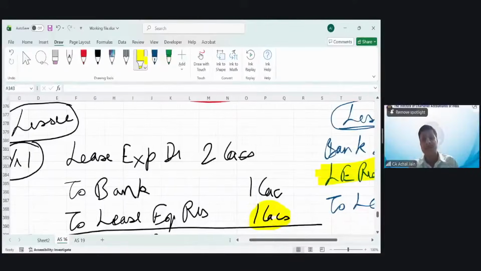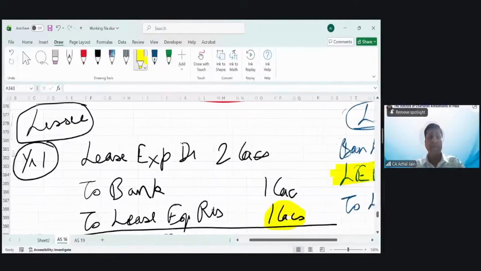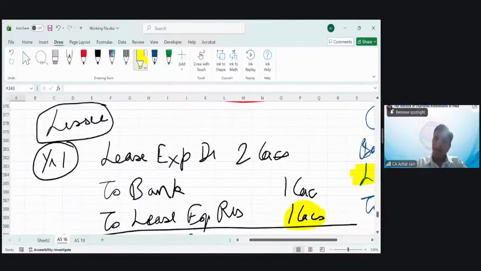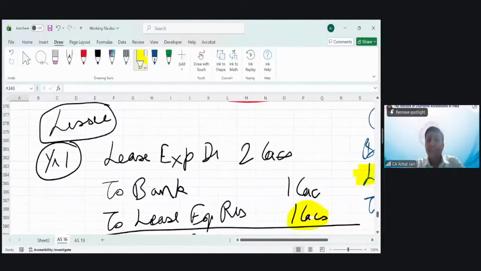Everyone clear on this? Yes, sir. So with this, we can conclude our discussion. But we are not through with this accounting standard. There are a lot of aspects we need to cover, which we'll cover tomorrow. Please make sure that before we meet next, you revise this part, because some of this we will be requiring tomorrow as well.